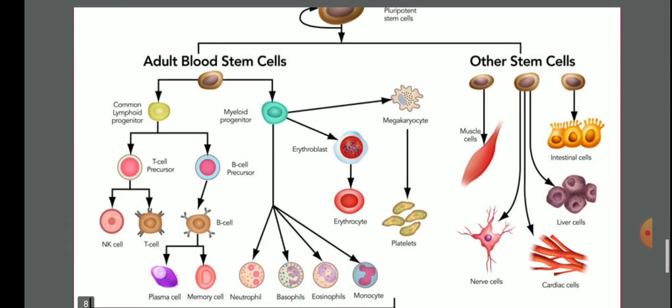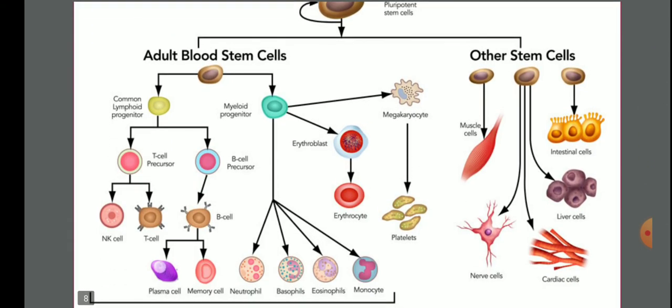That's it for today's class. It is just to introduce you to the different types of cells, and there are even more. This picture depicts some of those. You have muscle cells, nerve cells, all those things we talked about earlier. And we have stem cells and myeloid progenitor cells and erythroblasts and eosinophils, monocytes, basophils.